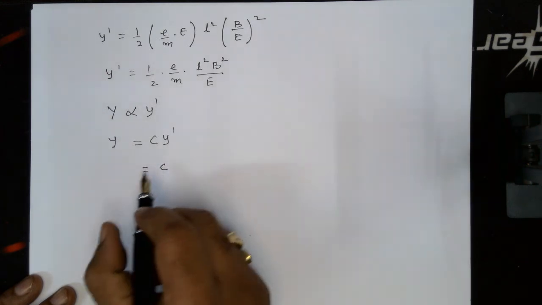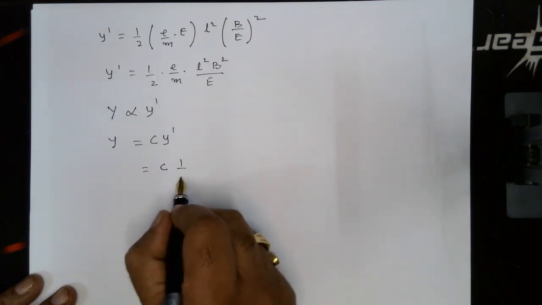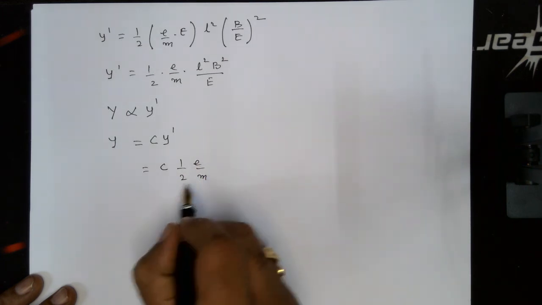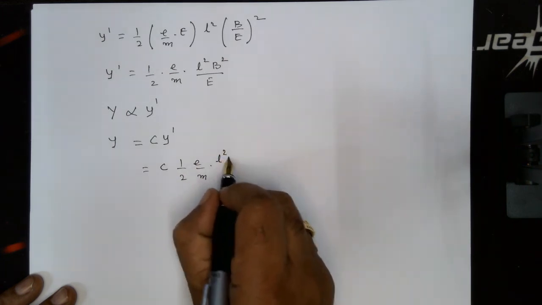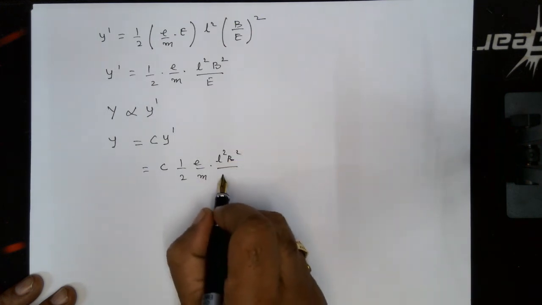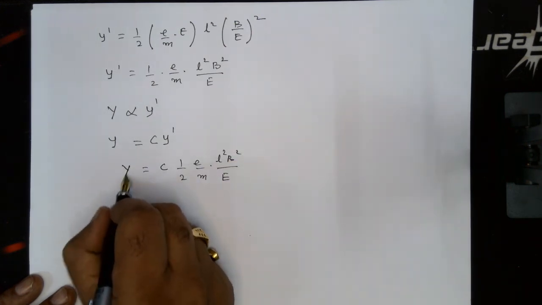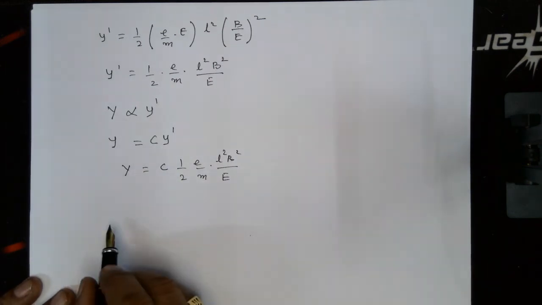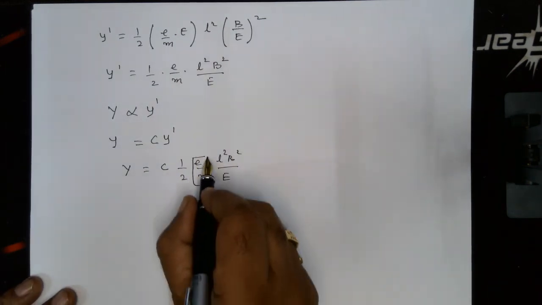So C into 1 by 2 into e by m L squared B squared divided by E, that is equal to y. Now we can suitably rearrange. We want this e by m.